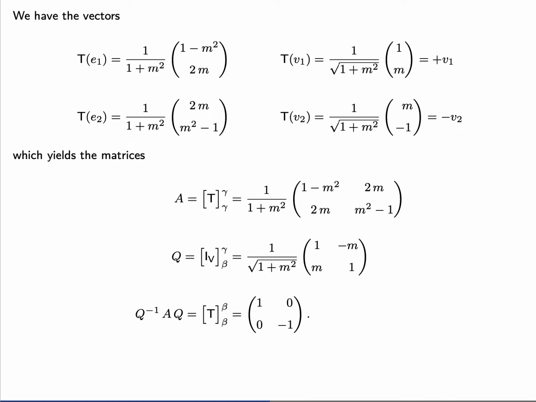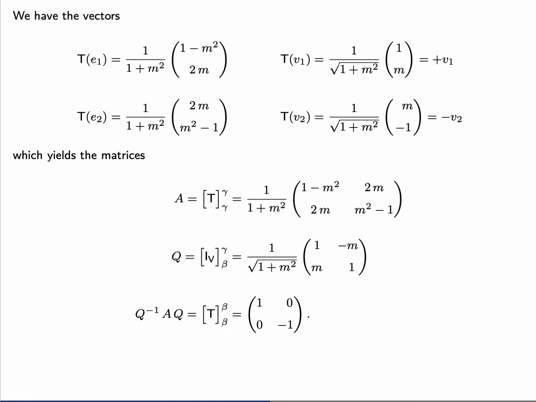But now we can compute the various matrices. Recall that if we wanted to compute our matrix A, the matrix representation of T with respect to the standard basis would just correspond to placing T of e1 in the first column and T of e2 in the second column.